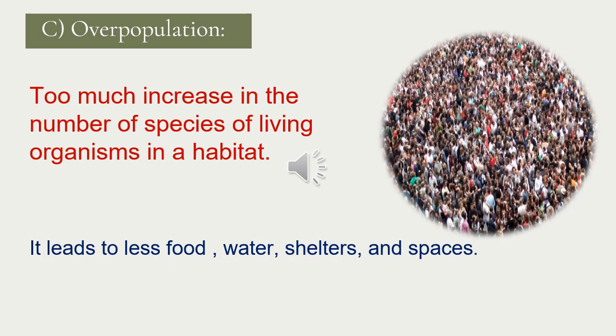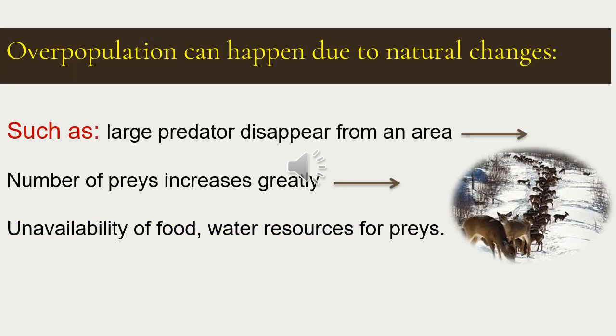Overpopulation means too much increase in the number of living organisms, which leads to a shortage of food, water, shelter, and spaces. What are the reasons for overpopulation?